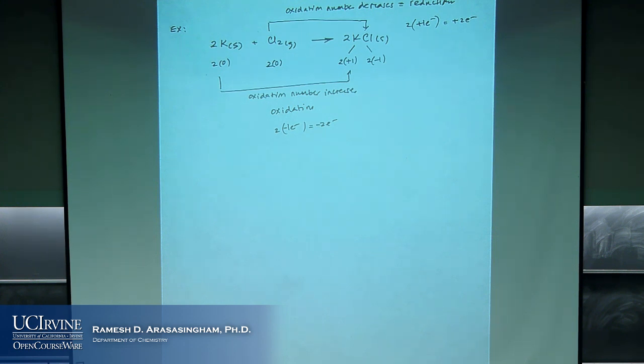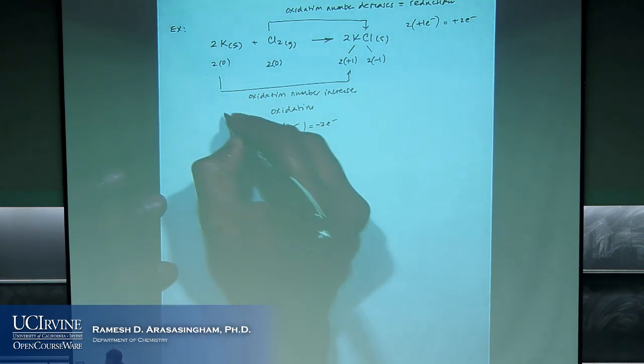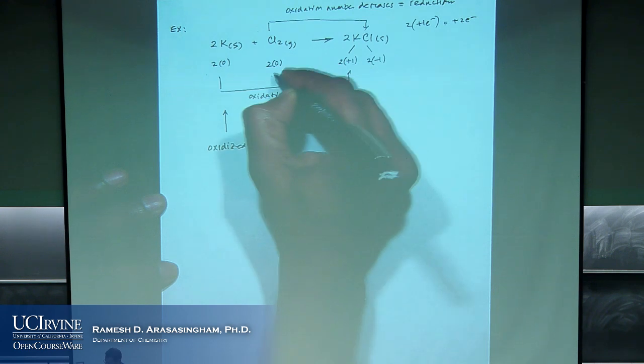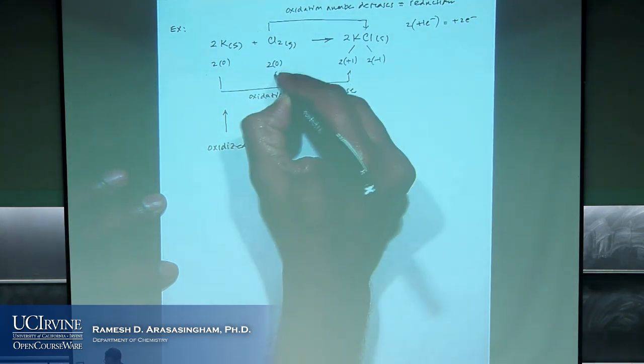Because you can't have 10 electrons given off and only 5 taken up. You can see 2 electrons are given off, 2 electrons are picked up. So what is undergoing oxidation? Potassium, this is oxidized. You can see chlorine is reduced.